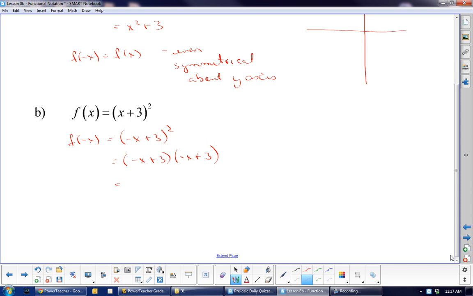Now we would be inclined right now to factor it out, do FOIL on it. But then if I FOIL it, I'm very far from even looking like this.